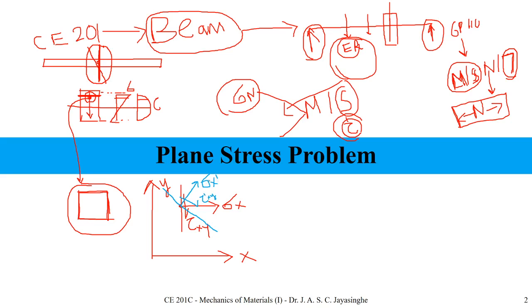So what are those values, and how do they vary with the angle theta?